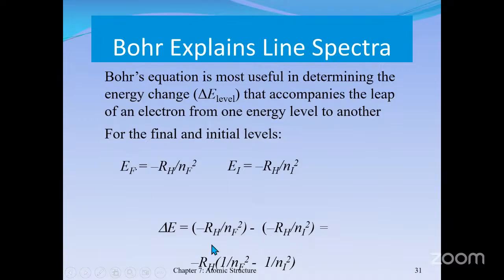And then we can factor out minus RH, and you're going to end up with this equation right here: minus RH, 1 over nF squared minus 1 over nI squared, right? And we can use this equation here to determine the energy of the transition, right? So if you're transitioning from a higher orbit to a lower orbit or vice versa, then all you have to do is plug in the numbers for the orbits and of course the value for RH here, and that's it. You're going to end up with your delta E value, all right?